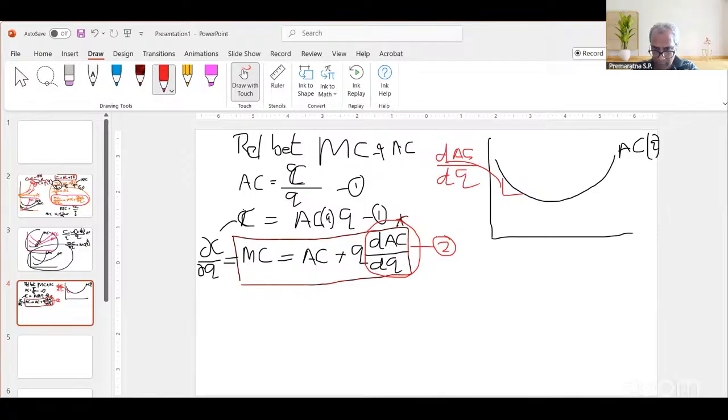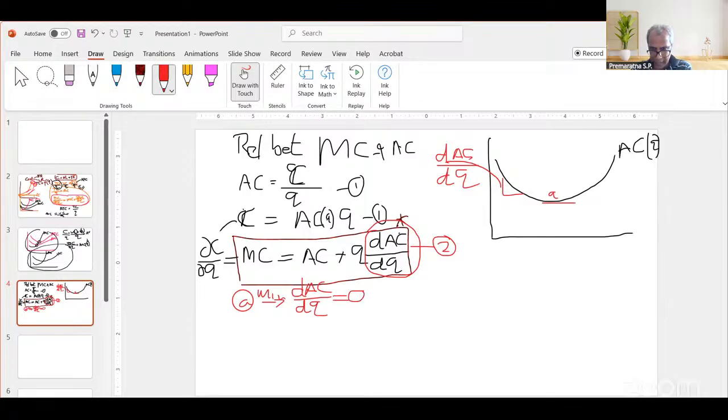You can see the slope. Now imagine at this point A, the minimum point of the average cost curve, the slope becomes 0. At the minimum point, it is equal to 0.